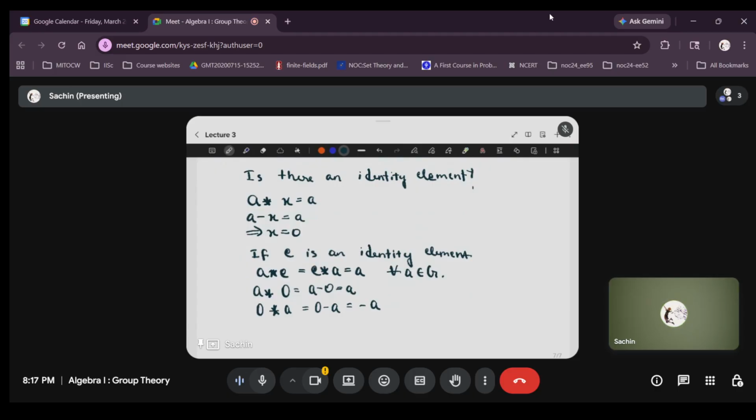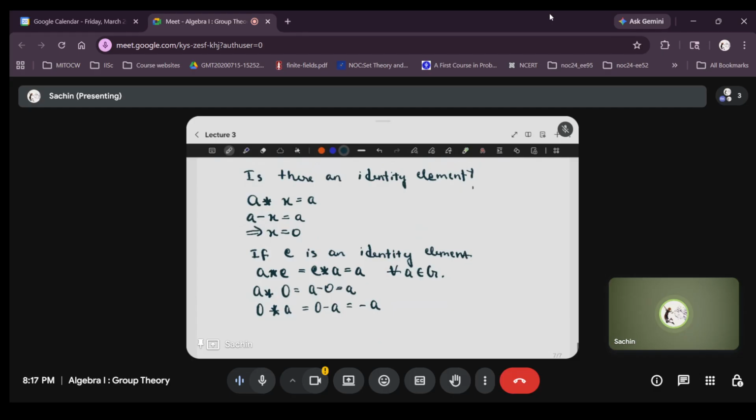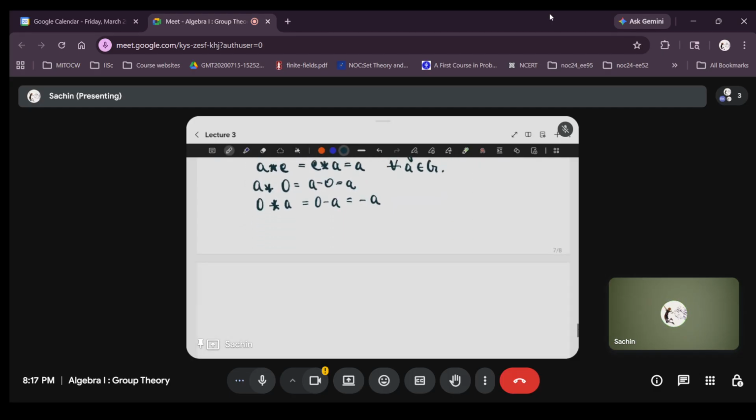So 0 cannot be the identity element. So there is no identity element. So it is not a group. Thus, there is no identity element.